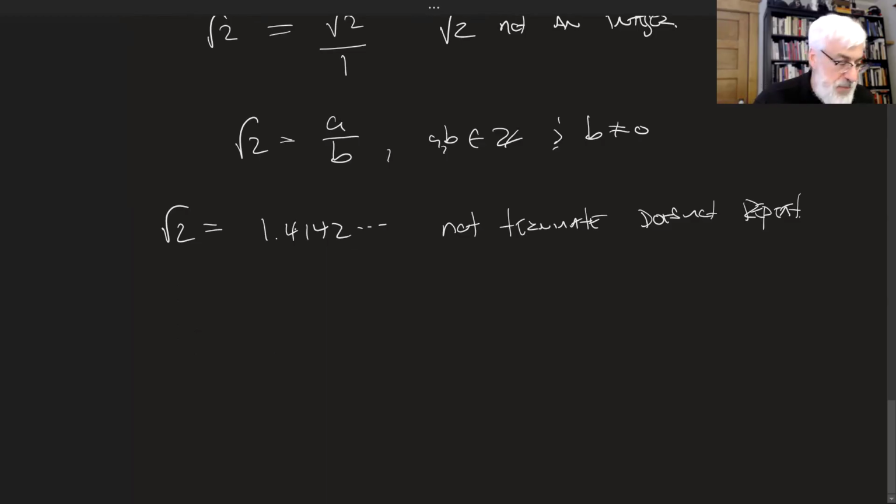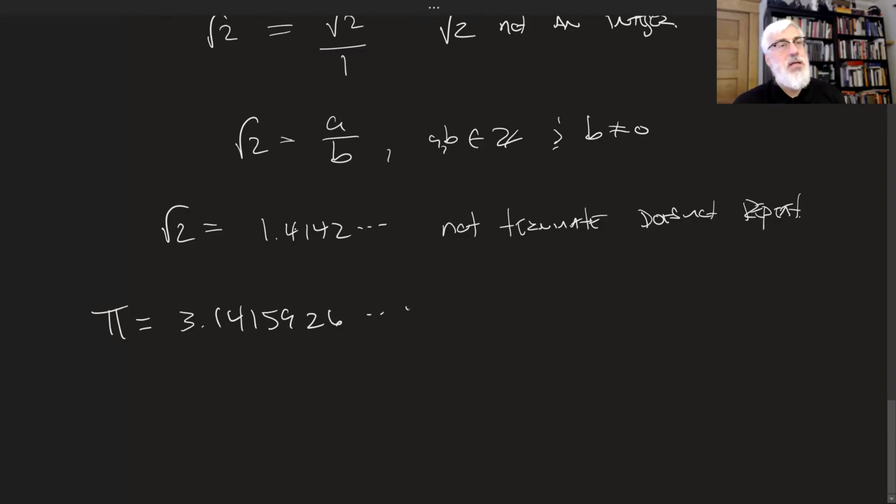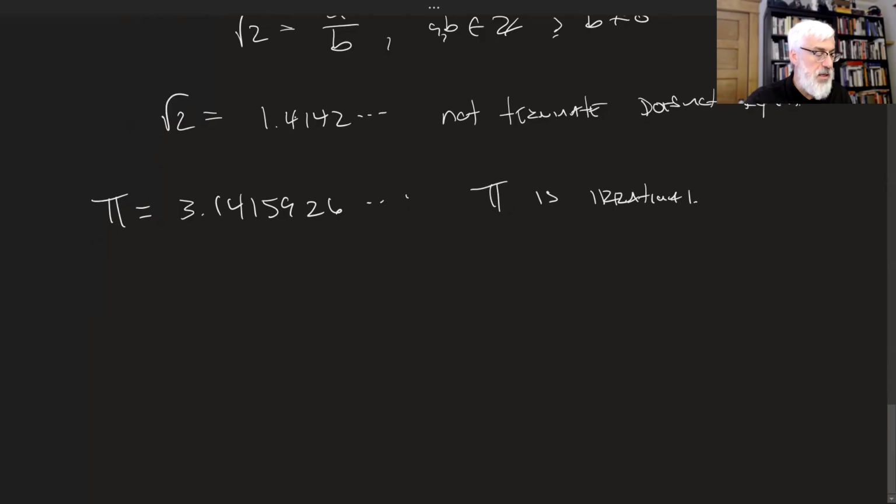There are people that have looked at pi, for example, to many digits, and they have yet to find a repeating pattern in pi. So pi is a non-repeating, non-terminating decimal, and so pi is irrational, like the square root of 2. Those are common examples of irrational numbers. You can think of many more. There are infinitely many of them, just like there are infinitely many rational numbers.